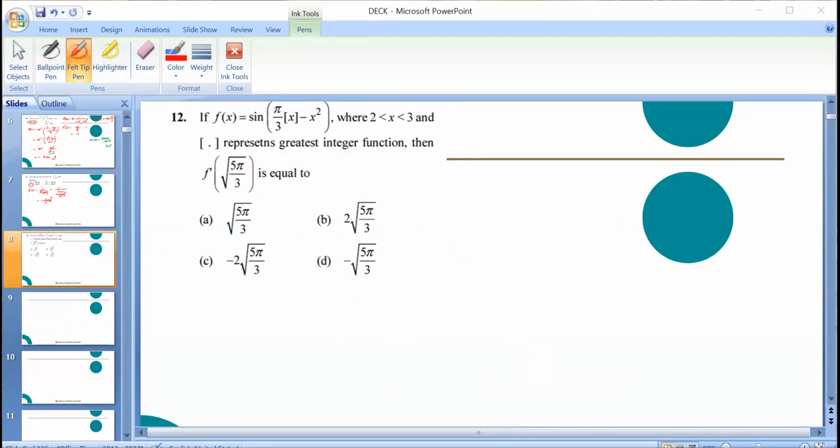Because x is in between 2 and 3, the greatest integer function of x will be 2. So the function becomes sine of (2 pi by 3 minus x squared).